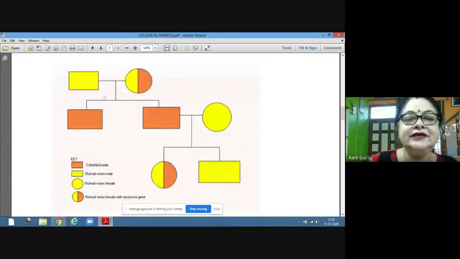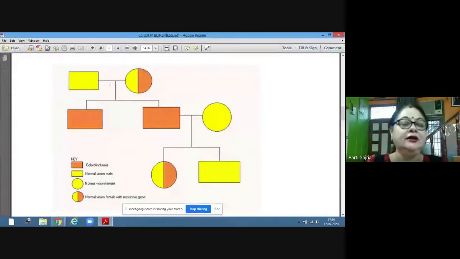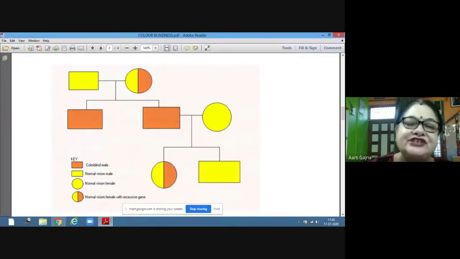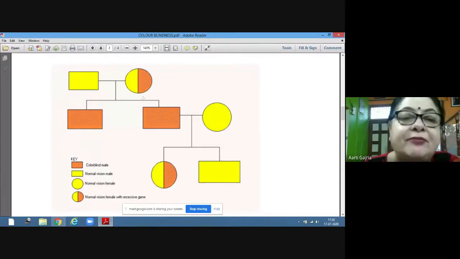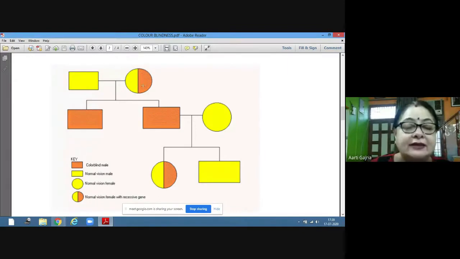Now see, this is a color blind male. The color blind male is denoted by this orange, peach color, and this yellow color is for normal. When a normal male marries a carrier female, this female is a carrier because she is heterozygous and has that X gene.